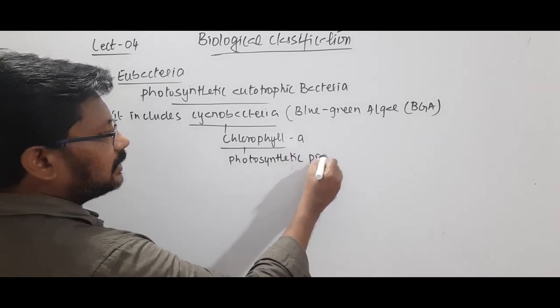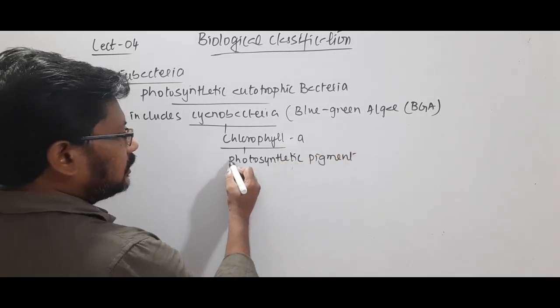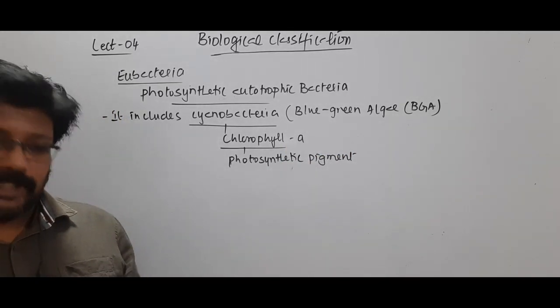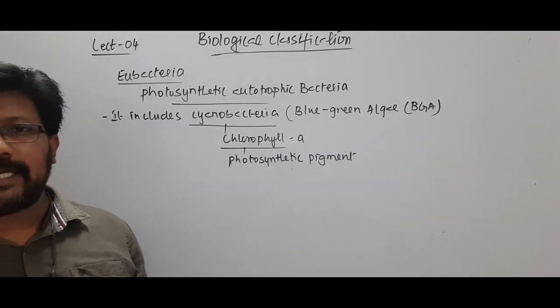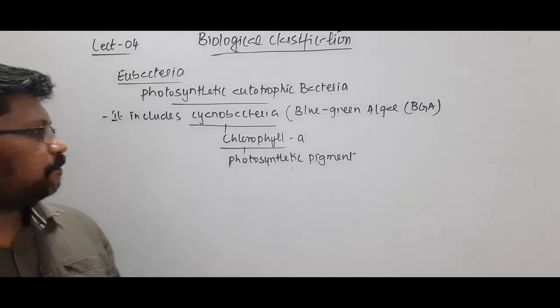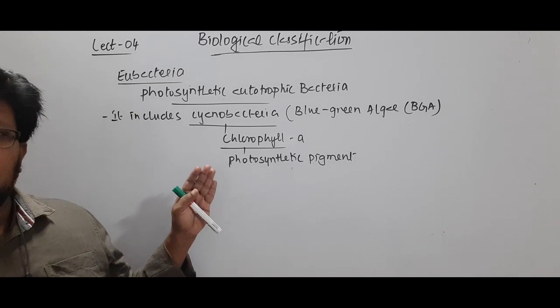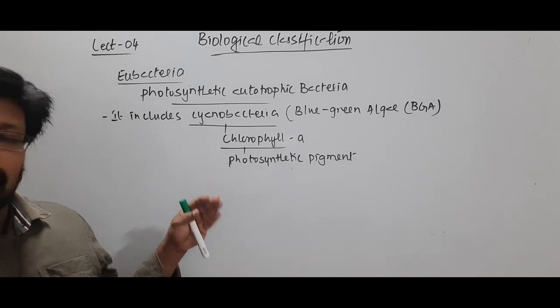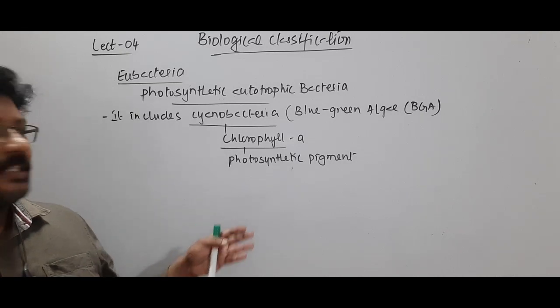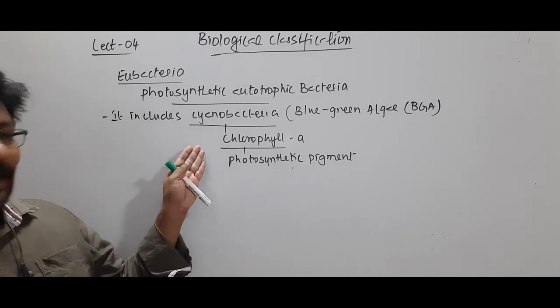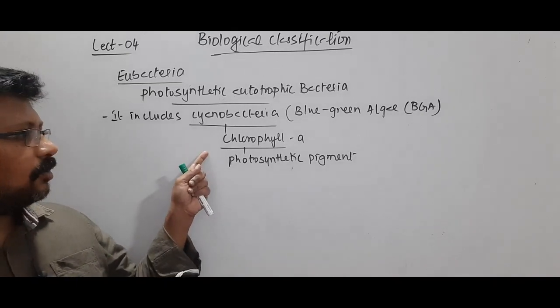It means that this is a pigment that is involved in the process of photosynthesis, especially in absorbing light energy from the sun. Now the question comes: do other bacteria have this chlorophyll A? No, only cyanobacteria have this chlorophyll A.